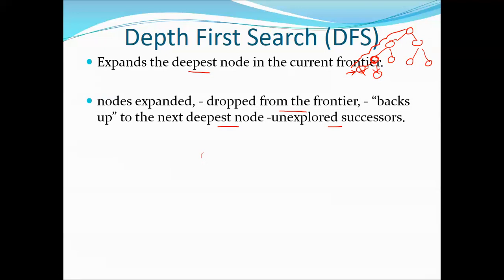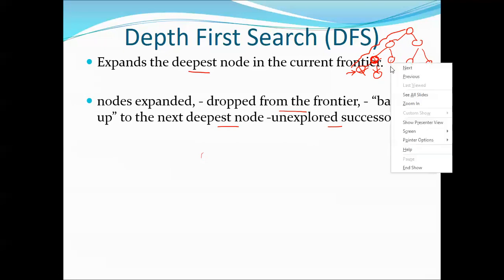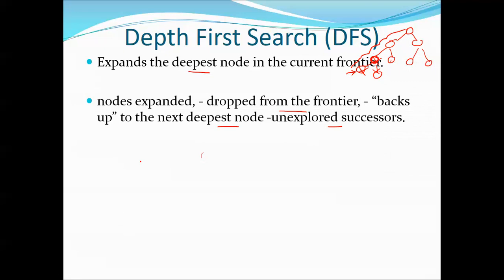If this is not the goal state, and this is a leaf node, remove it. Again, now this node will be considered. It has one node which is unexpanded, so the algorithm will go here and expand this. If it has a child, it will be expanded. If it does not have a child, the algorithm will remove it. Okay, so this is the overall concept.